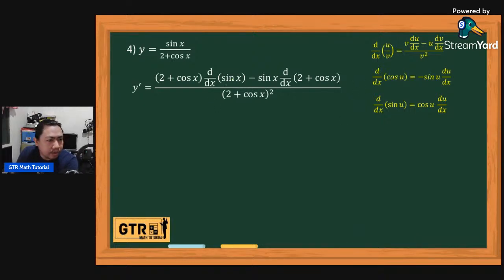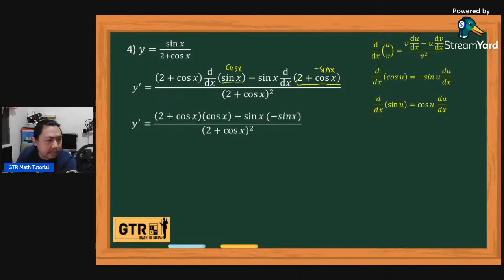So let's evaluate the derivative of sine x. This is cosine x, and then the derivative of 2 plus cosine x: the derivative of 2 is 0, and the derivative of cosine x is negative sine x. So this term is now equal to 2 plus cosine x times cosine x minus sine x times negative sine x. So just distribute the cosine x.